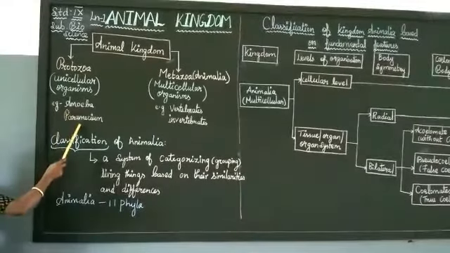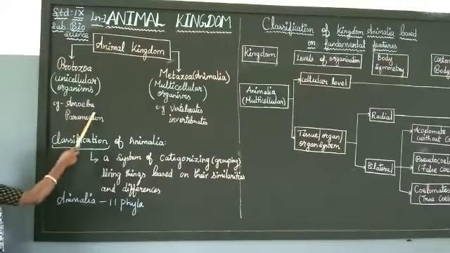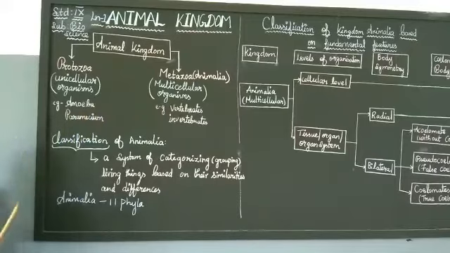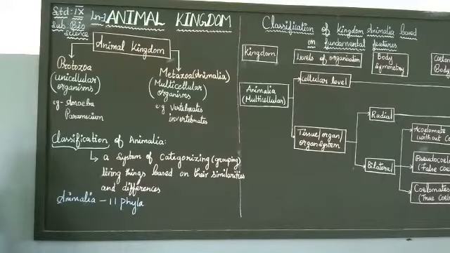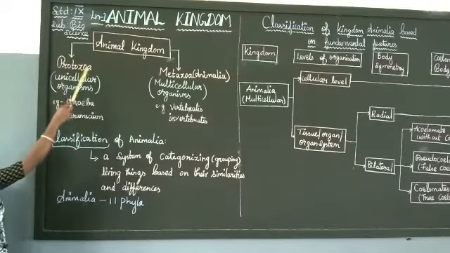Amoeba and paramecium are very good examples for this protozoa. These two single-celled animals do all the vital activities like respiration, reproduction and intake of food through a single cell without any systems. So, this is a very good example for the phylum Protozoa.